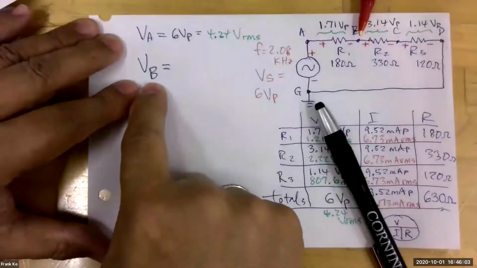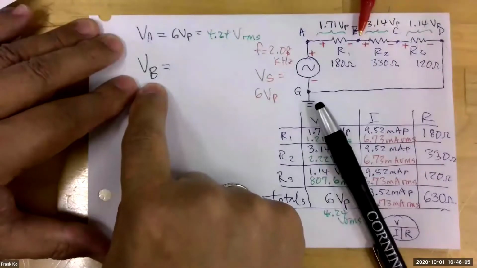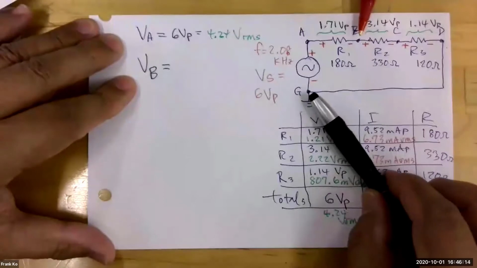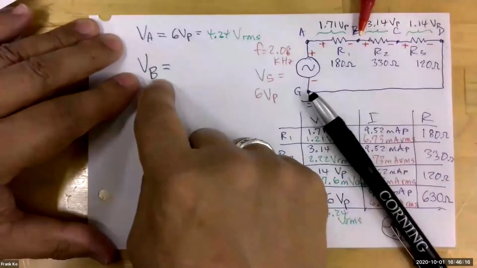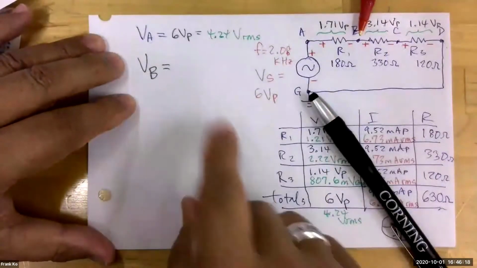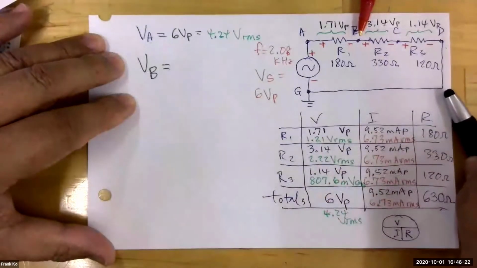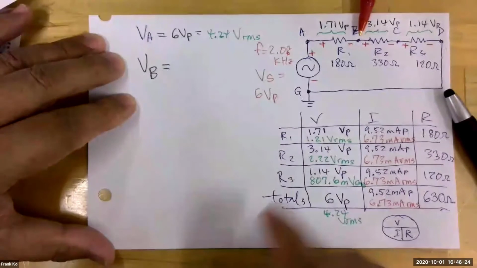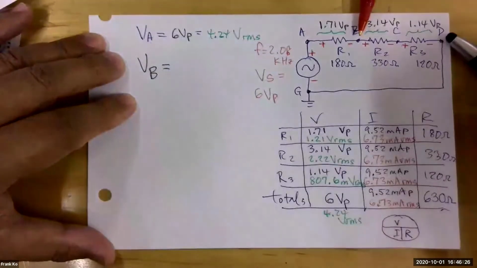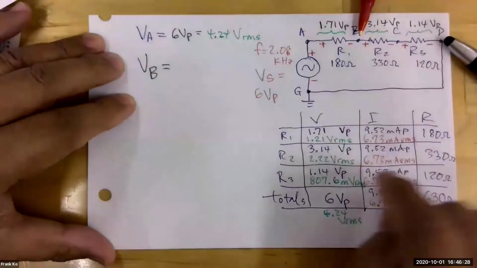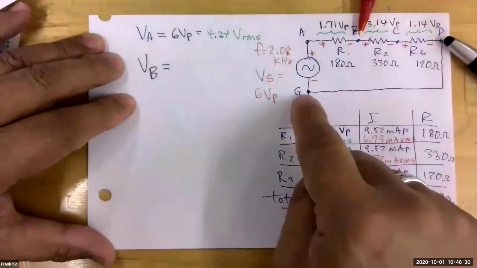If there's a single letter here, where does the black probe go? At the ground? Yes. If there's only a single letter presented, the black probe will always go to ground. So this is ground here. Isn't this ground over here at this end of the wire? It's the same. And isn't this ground all the way to point D, yes? So G and D are electrically the same, yes?